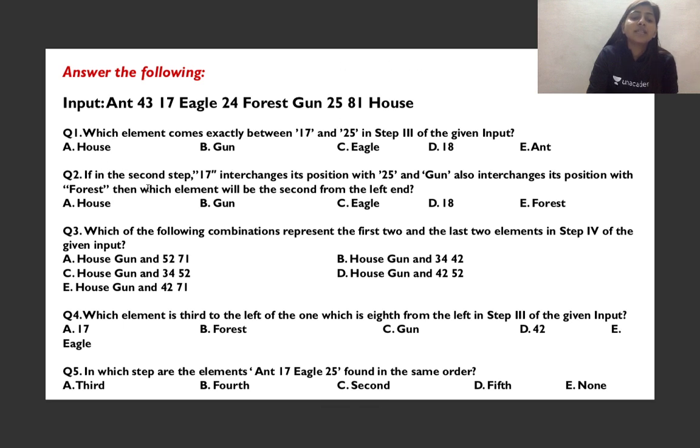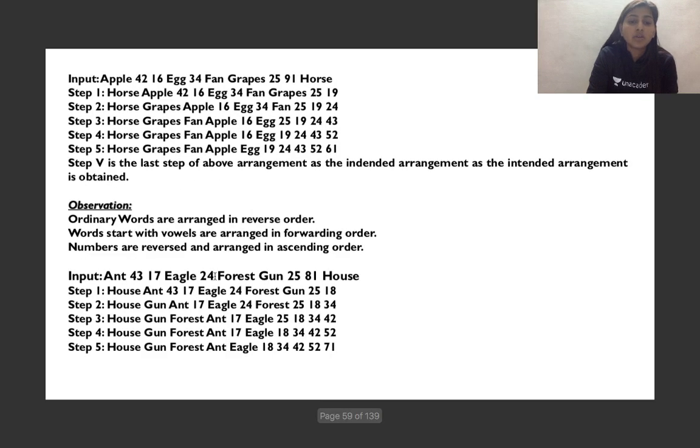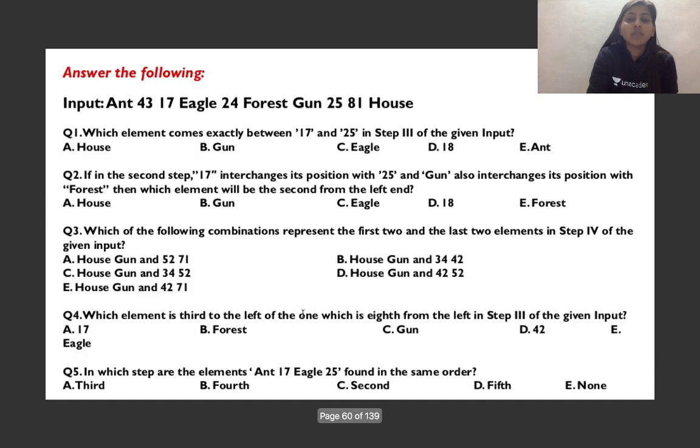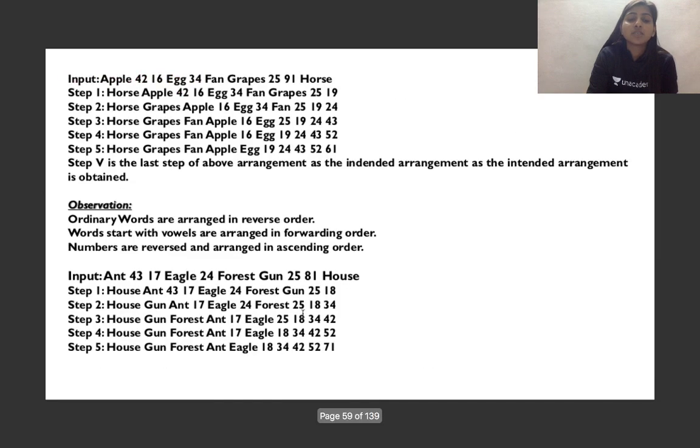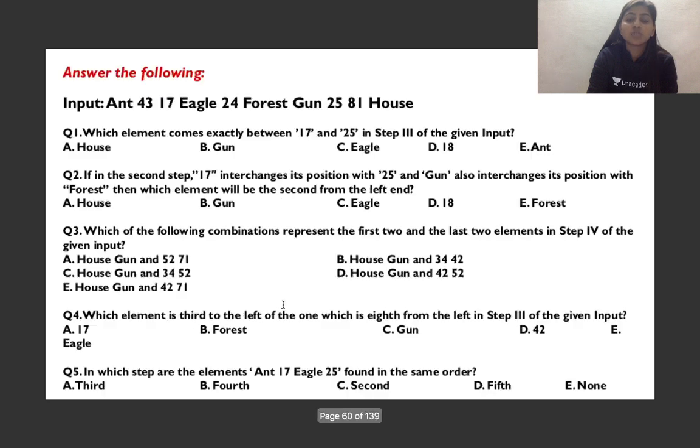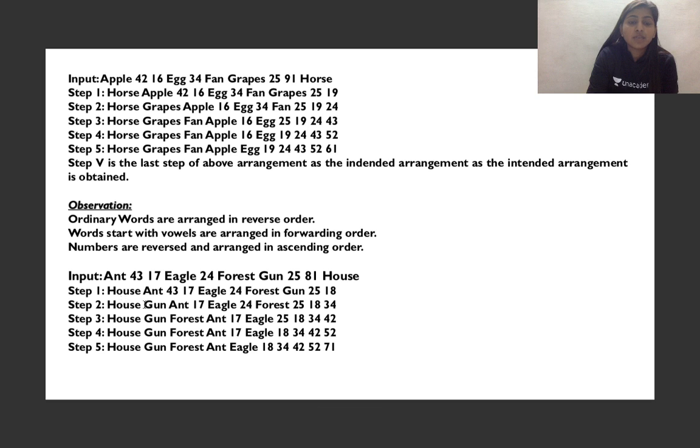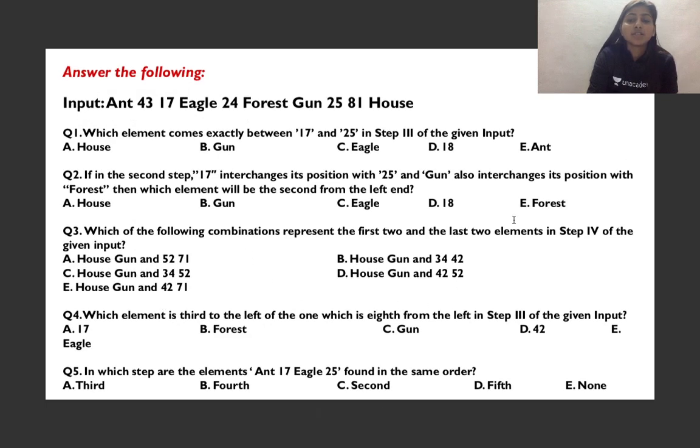If in the second step 17 interchanges its position with 25 and gun interchanges position with forest, then which element will be second from the left end? Second from the left is gun now. So if gun is interchanging position with forest, it will be forest. The answer is option E.